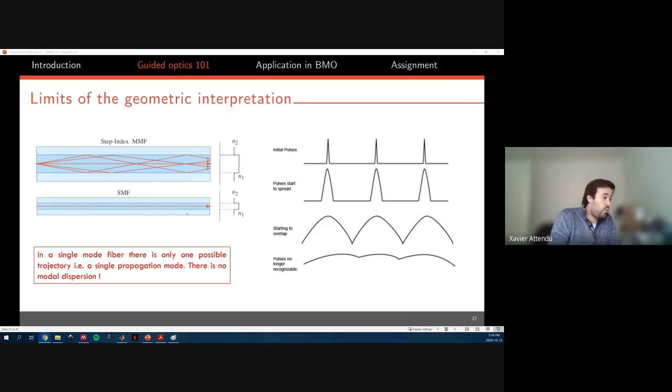And that's where it stops working, because you can't consider light as just rays. You have to consider the wave nature of light. So when you have single mode fibers, which are much, much smaller, you have to consider the wave nature of light, and that actually limits the different paths that light can take.